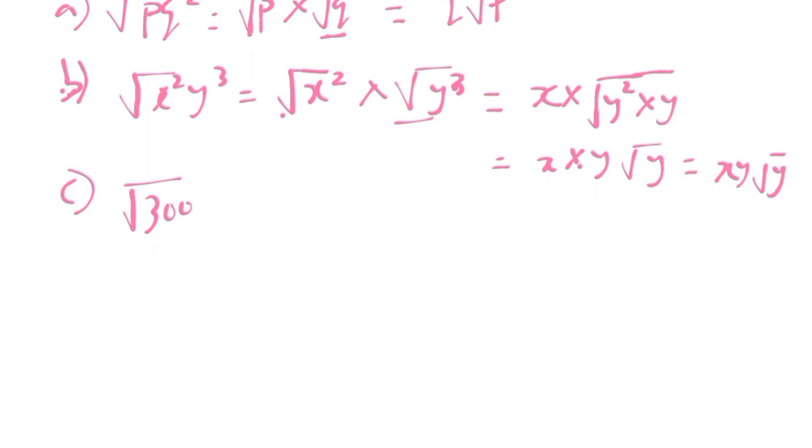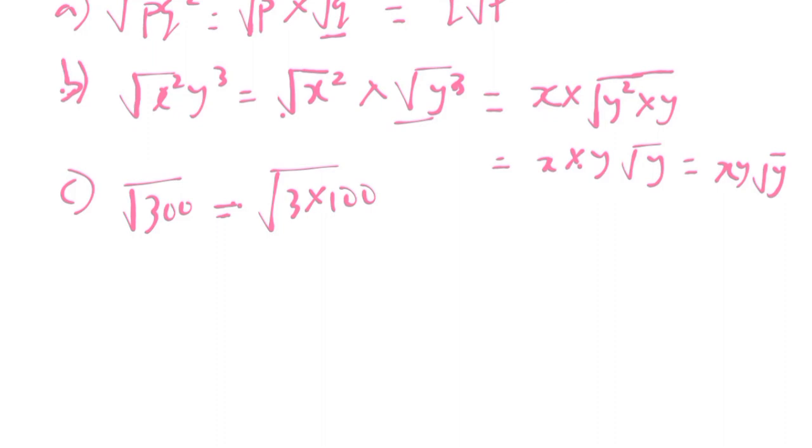You want to factor 300 in a way that you have a perfect root. That means you have something like 3 times 100. Get the point? 3 times 100.